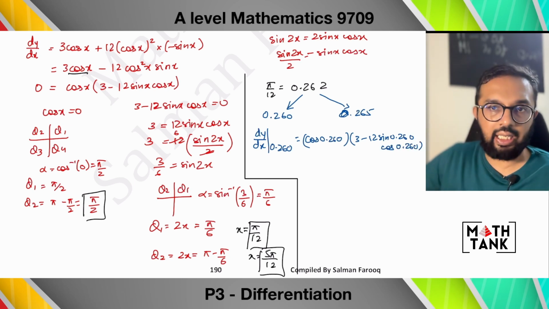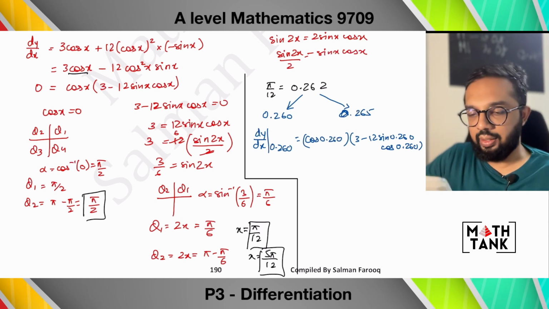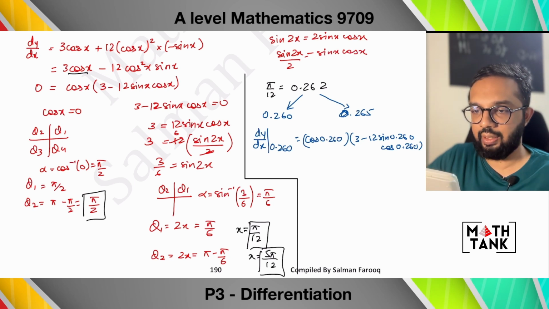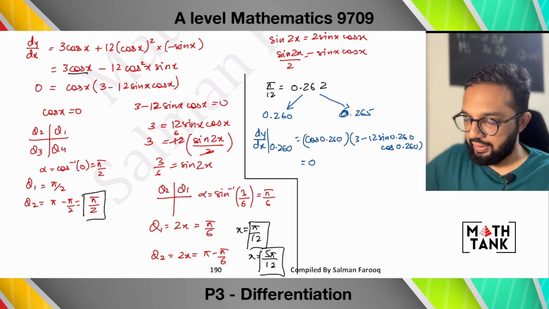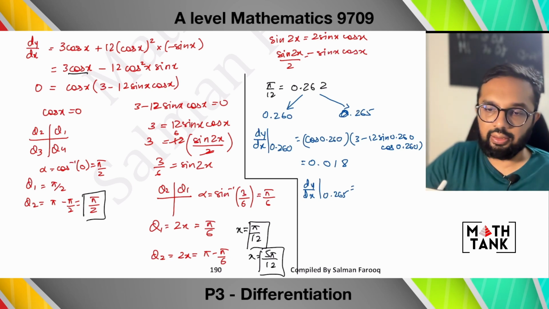Okay, let's calculate that. That's all in radians. You should be able to do that. 0.260 into 3 minus 12 into sine 0.260 into cos of 0.260. So that gives me a positive number, 0.018. Then I'm going to do the same thing for 0.265 by inserting the number here as 0.265.